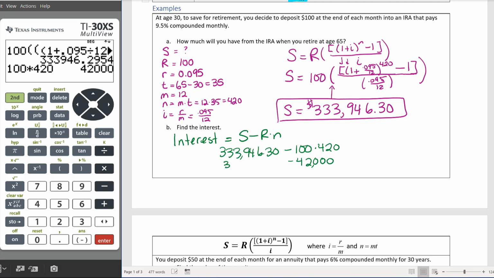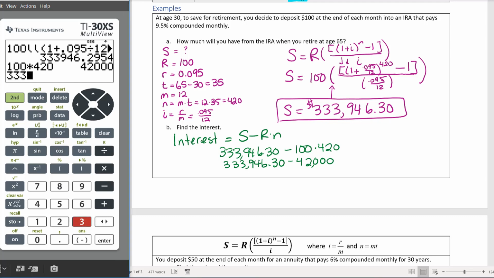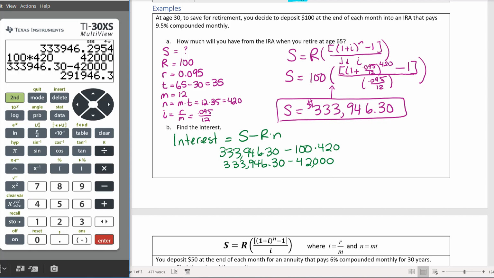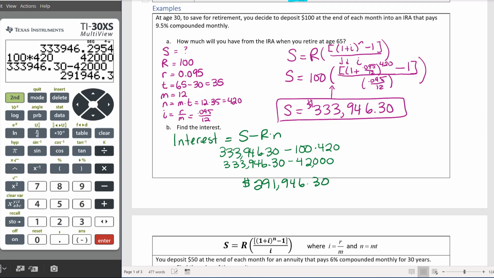But remember, you had 333,000. So if I take my total value, 333,946, and subtract the 42,000, which is really the only thing I actually paid, this gets me 291,946 and 30 cents. This is all interest, my friends.